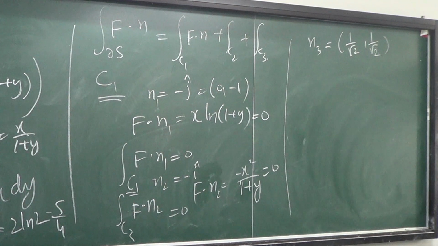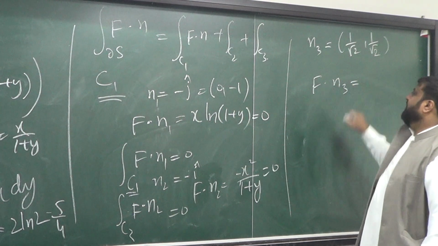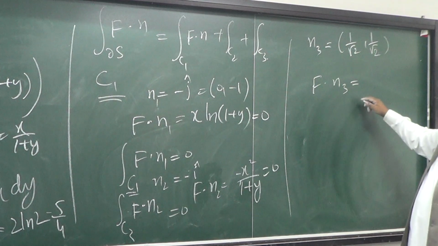ठीक है? So अब कर देंगे compute, not a big deal. So F dot n, 1 upon root 2 बाहर हो जाएगा.